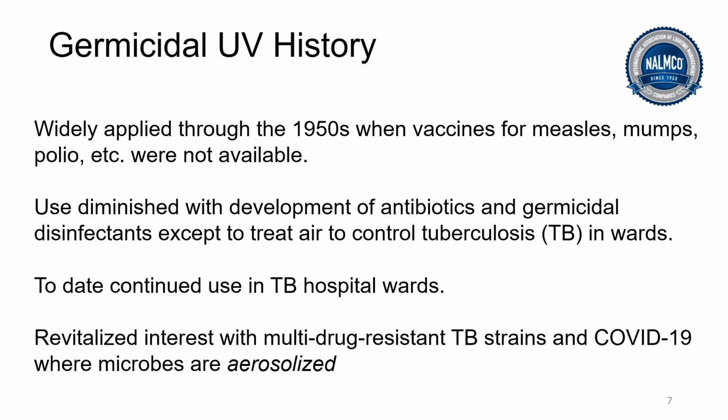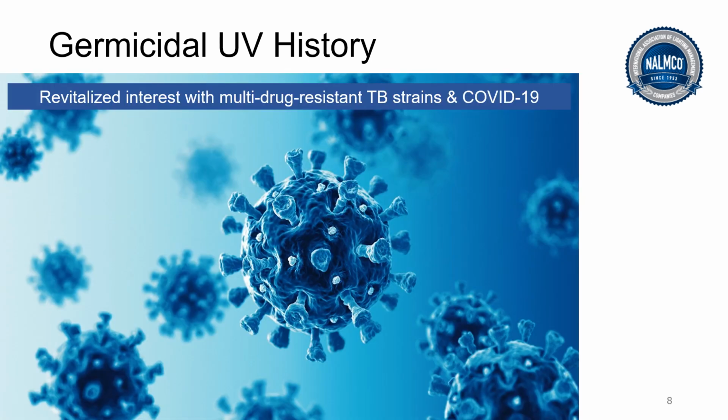So there's been a revitalized interest with multi-drug resistant TB strains and COVID-19 and microbes that are aerosolized. The development of the drug-resistant TB strains and COVID-19 really excited renewed interest for germicidal UV.